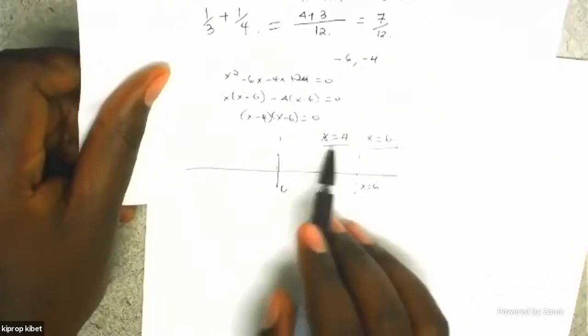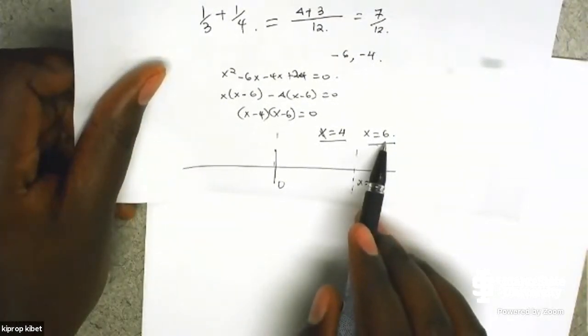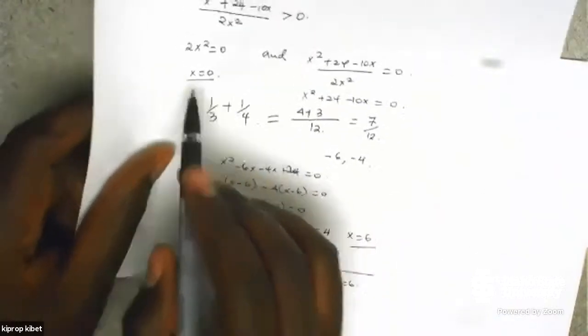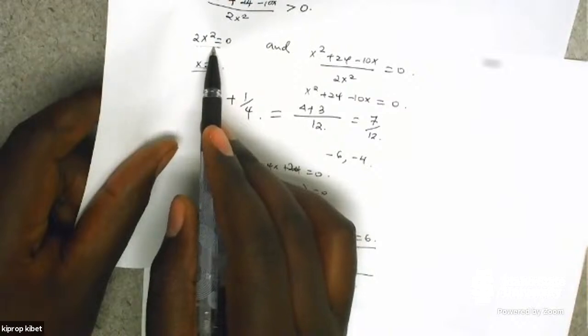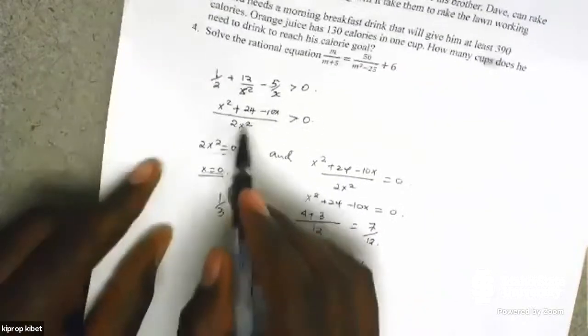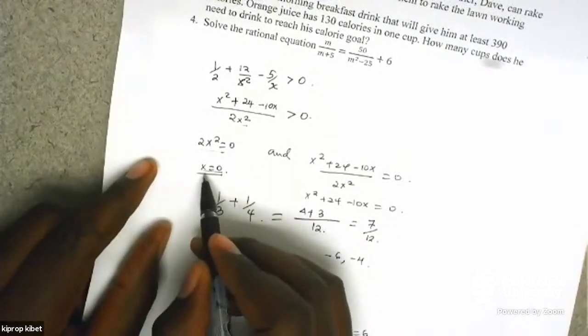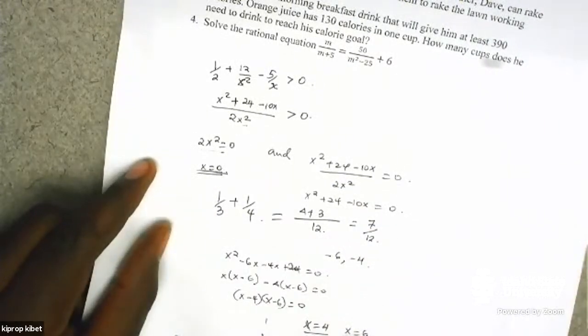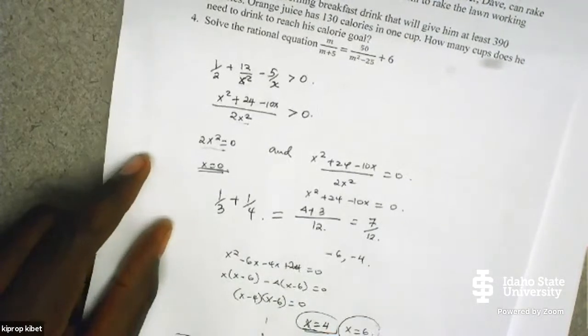So this is x equals to 4, right? And this one is x equals to 6, right? And we had another one, x equals to 0 for this, right? So we said we equate all of it to 0. So we had x equals to 0, and then we also have x equals to 6 and x equals to 4, right?